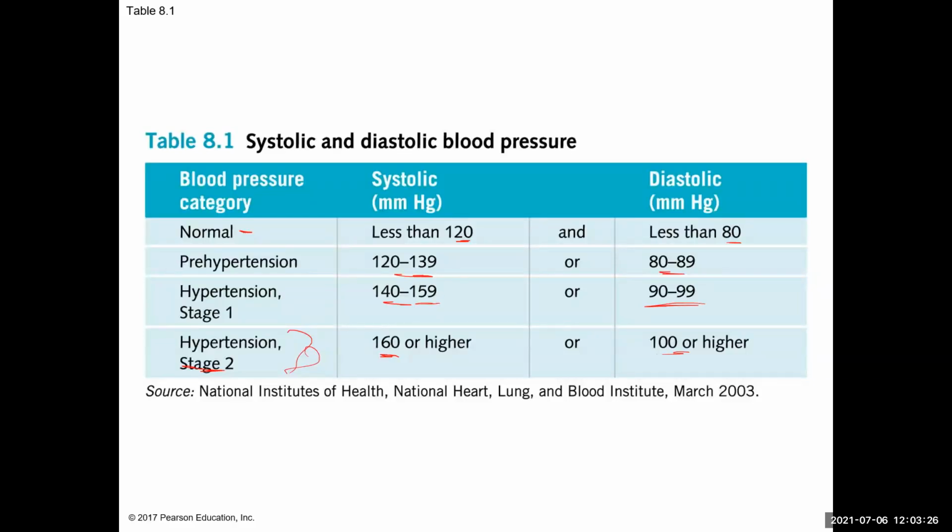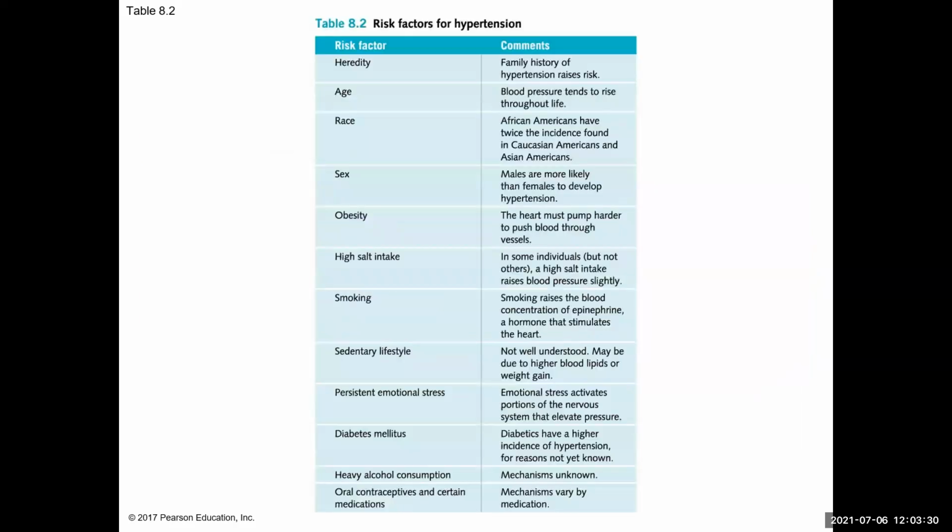Now, factors that lead to high blood pressure can vary and depend a lot on your lifestyle. One that you can't control is heredity, and that's just a result of genes. But age is another one you can't control, along with race, sex, etc. So these top 4 risk factors you can't control, but you need to be aware of.